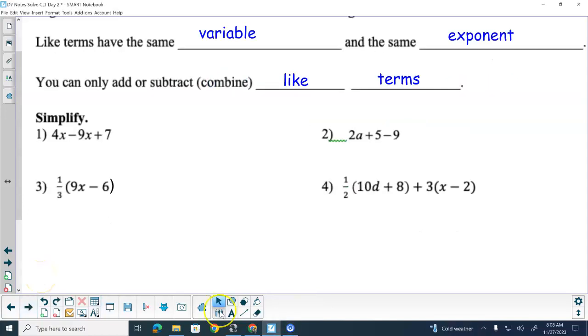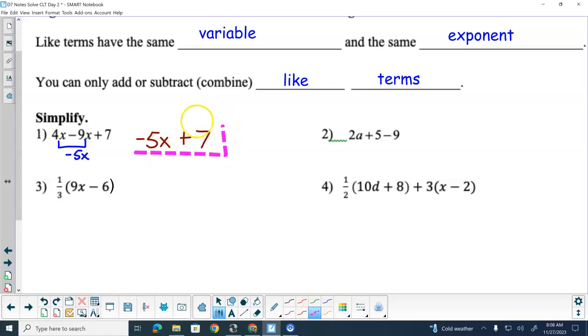So in this first one, the terms that I can combine, there's an x term, there's another x term. If I've got 4 of one x's and you take 9 of them away, that leaves me with negative 5x for those. I can't combine that with the 7, so then this is just negative 5x plus 7 there as my answer for that.